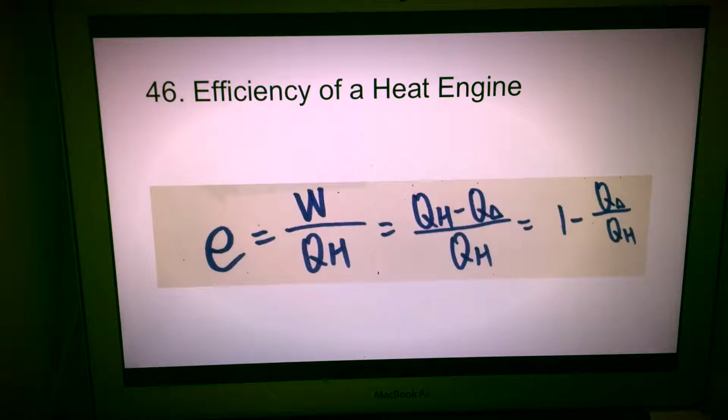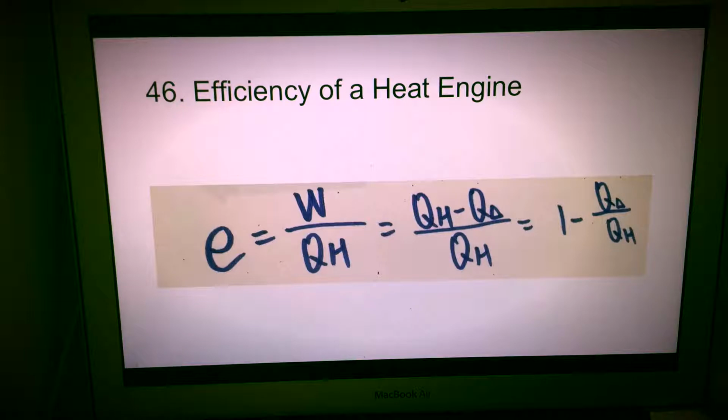46. Efficiency of a heat engine. We all know efficiency, not in physics, but we sometimes use it in chemistry and math. The efficiency is the part that is good for us divided by the total work, which means sometimes they will lose some energy, but we only use part of it.